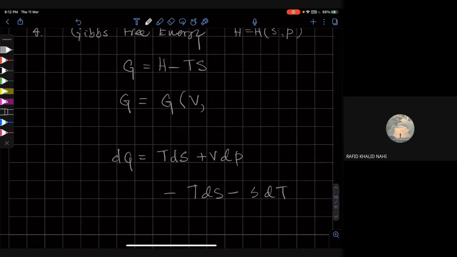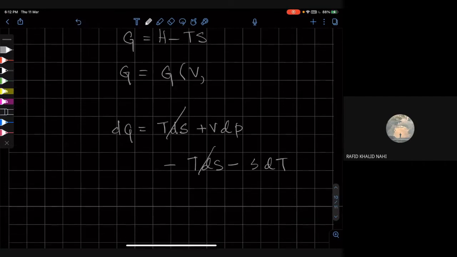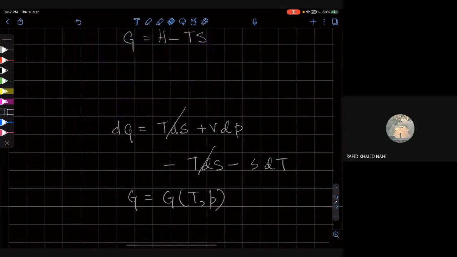So we get these guys canceling out. And therefore we have G is a function of T and P. Okay, so this was wrong earlier. Sorry. Excuse my French.